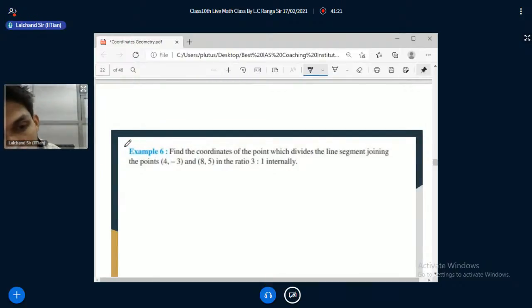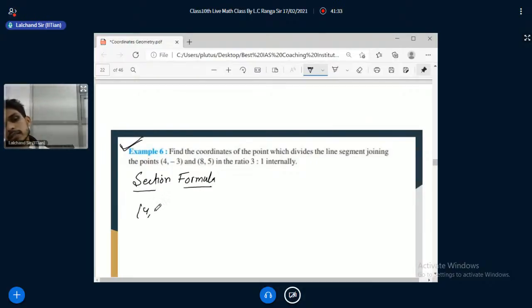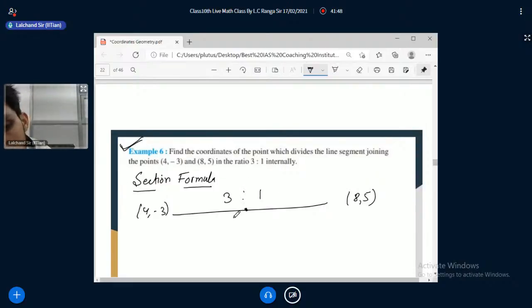Now this is based on the section formula. We have 2 points. First point is 4, -3. Second point is 8, 5. And there is a point in between them which divides the segment in the ratio 3:1.